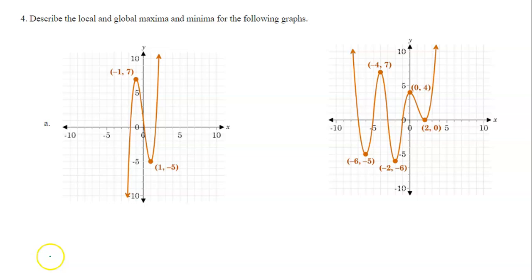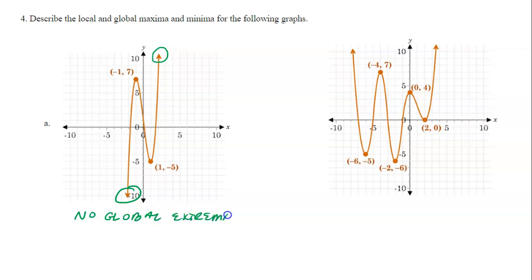Oh boy. Okay. So we're talking about local and global maxima and minima for these graphs. We're not going to have a global max or a global min because these go off the charts, right? Okay. So we have no global extrema.